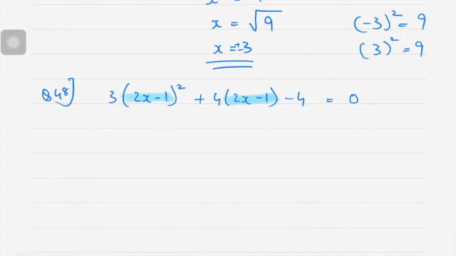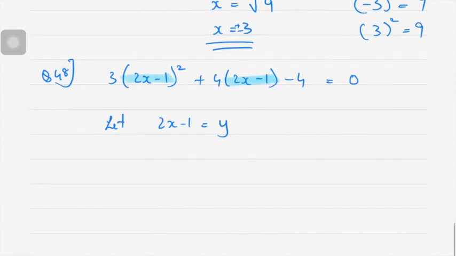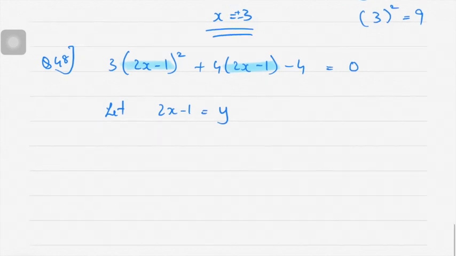So when the bracket is the same, what you can do is substitute. So I will say that 2x minus 1 is equal to y.